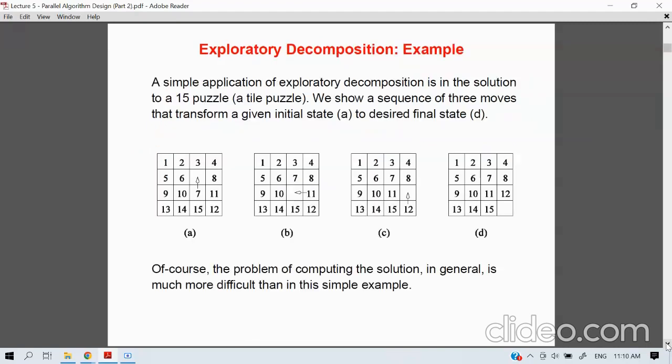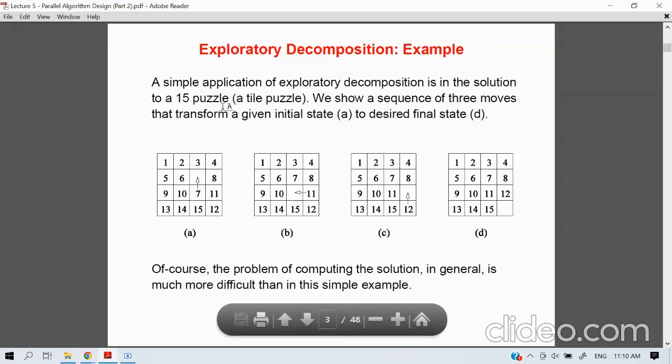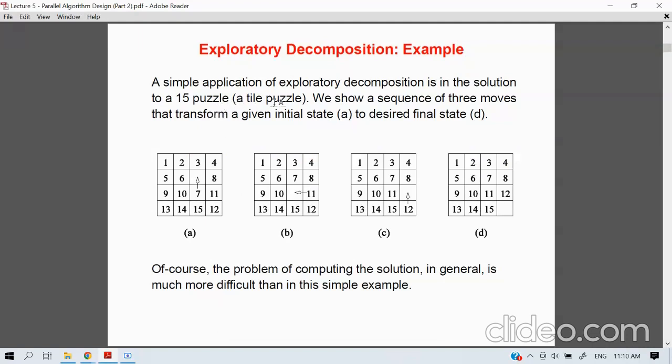Let's look at the solution to a 15 puzzle, a tile puzzle. All of us already know that when we play a puzzle, we need to try and error. We need to look at which way or which solution is better than another.